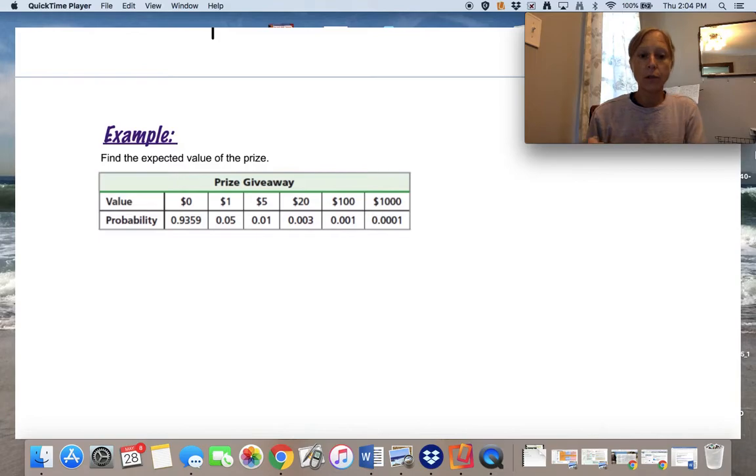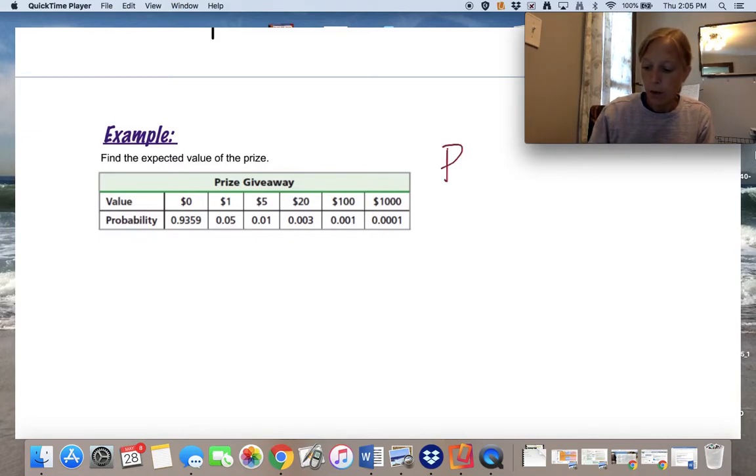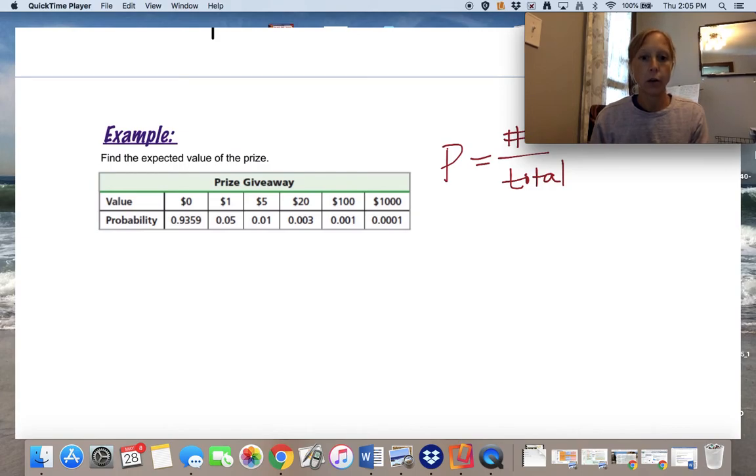And notice we're given the probability of getting each dollar value here. Because we are given a probability, we're not going to have to divide at the end, because we know that probability equals what we are interested in over the total. So the division has already occurred.